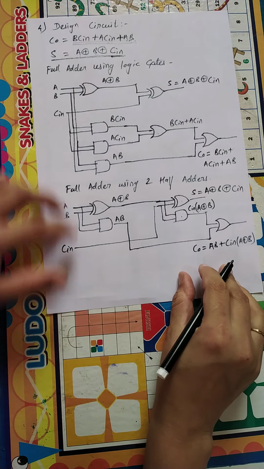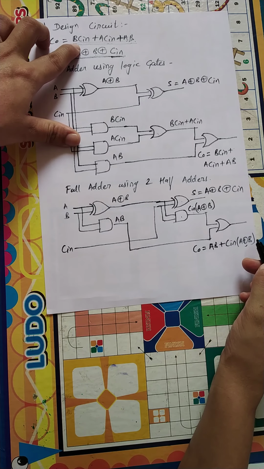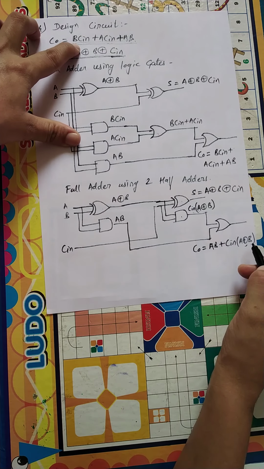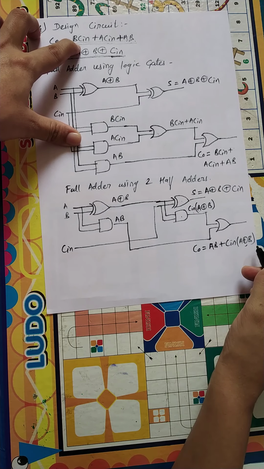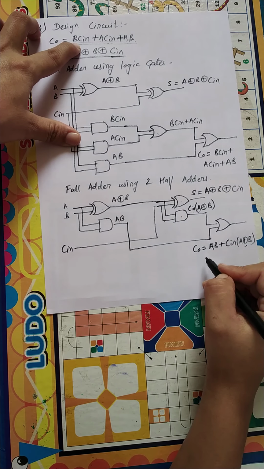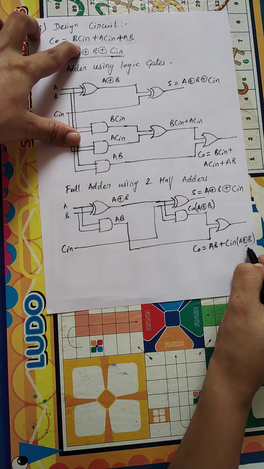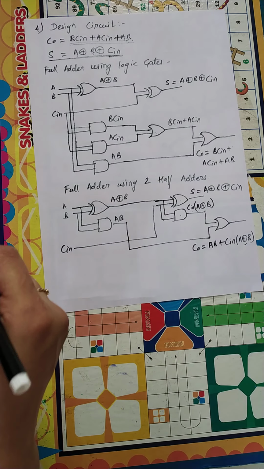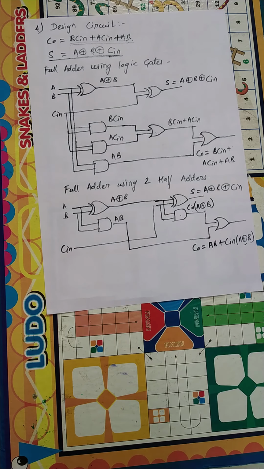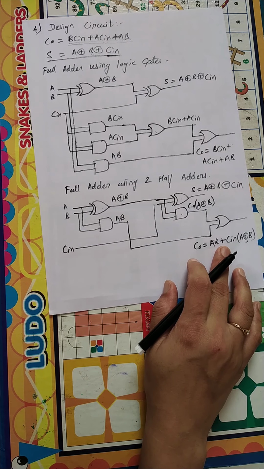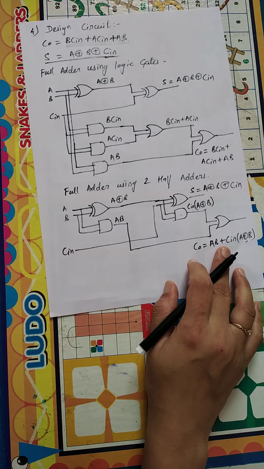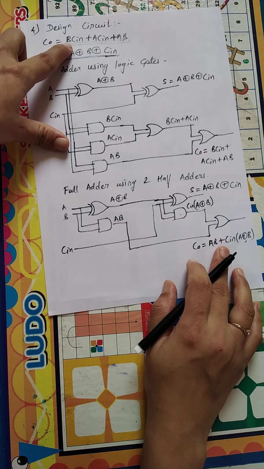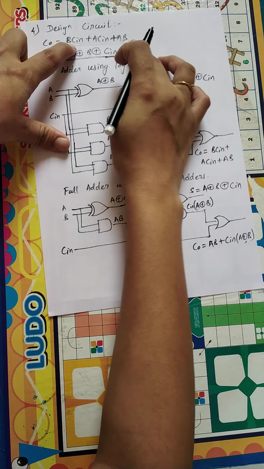Now you will say that this equation does not match with the earlier equation for carry, right? But when we simplify this expression, then we'll get this particular equation in that form. Then how to simplify this expression, that is another question in our mind. The carry equation can be simplified, and we'll get the simplified equation as the earlier equation, right?